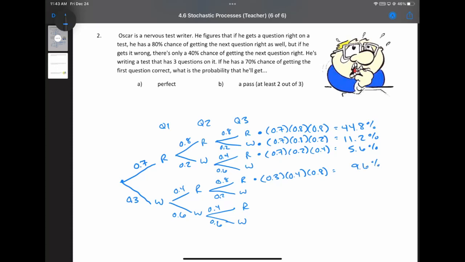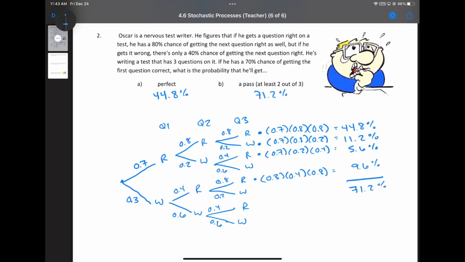Okay, so those are all possible outcomes. I can write down up here the answer to the first one is 44.8%. And then for passing, at least 2 out of 3 correct, I just add those up. So 44.8 plus 11.2 plus 5.6 plus 9.6 is 71.2%.